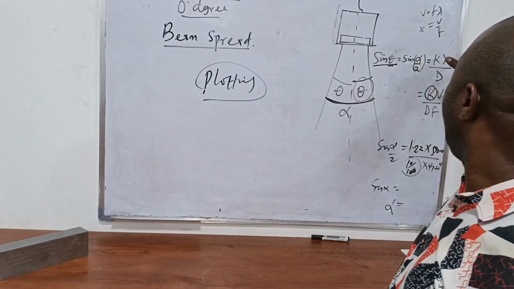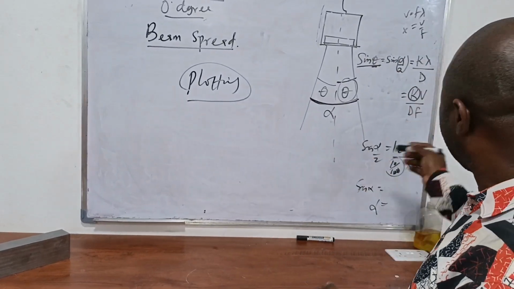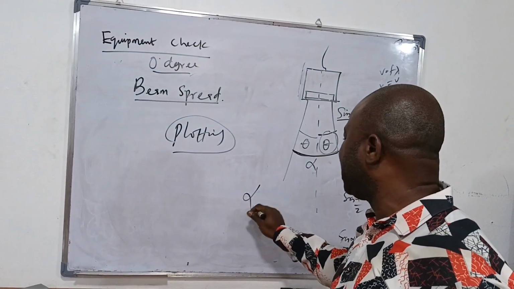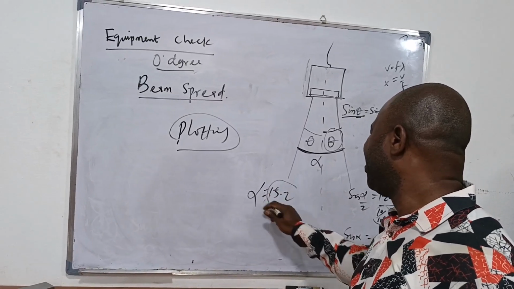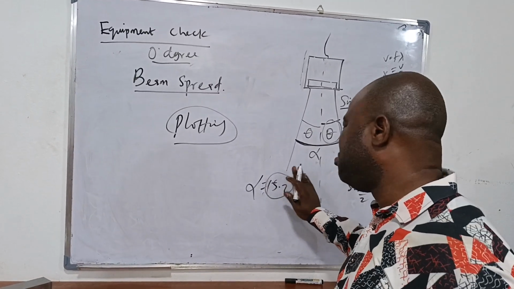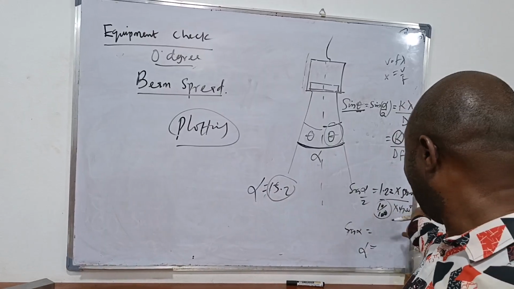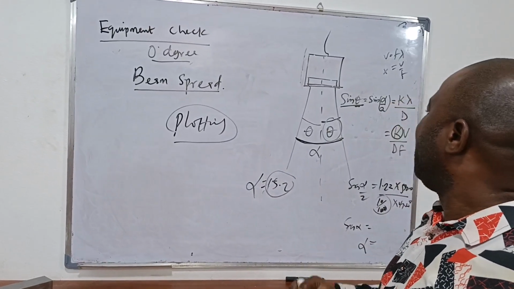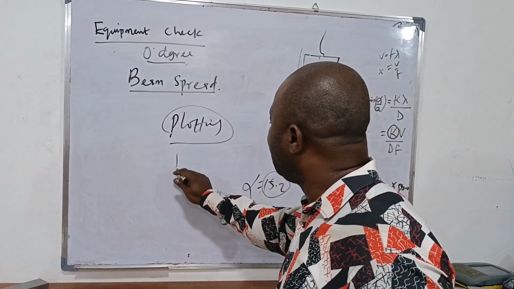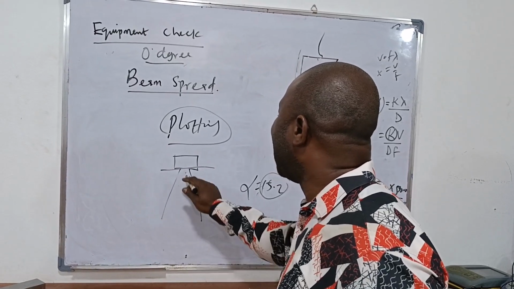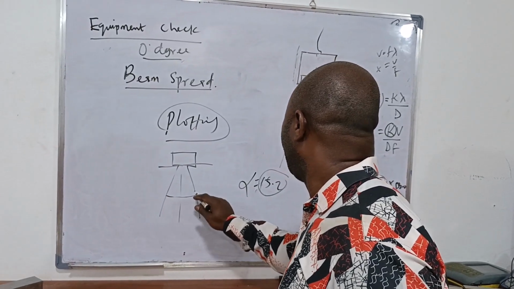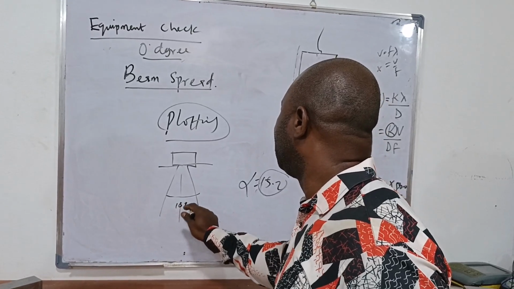But instead of going through this route, let's say we get our beam spread to be, for example, 15.2, or whatever the value may be. That means we are going to have a probe that will be spreading out at an angle of 15.2.